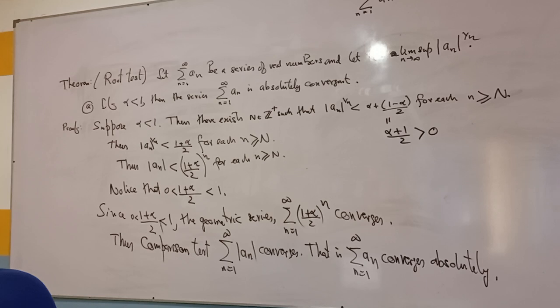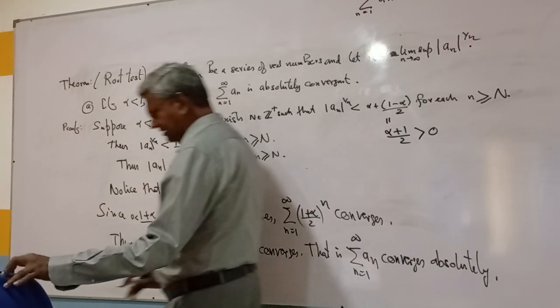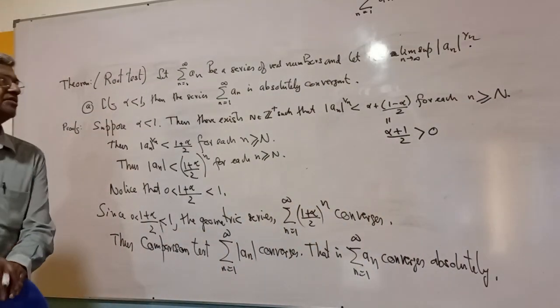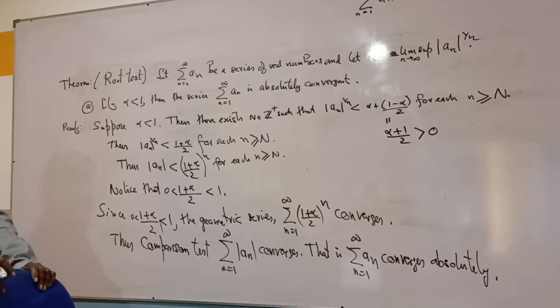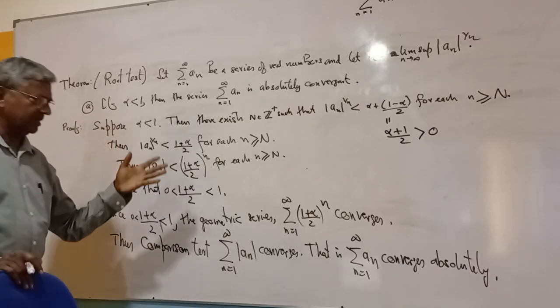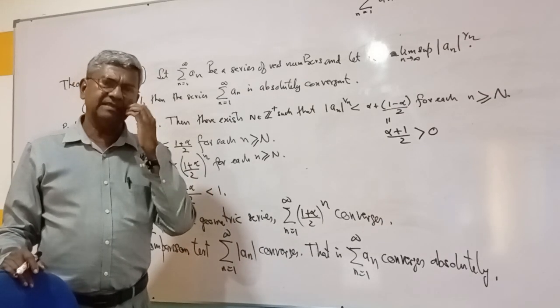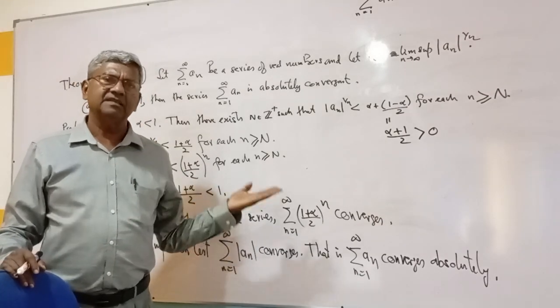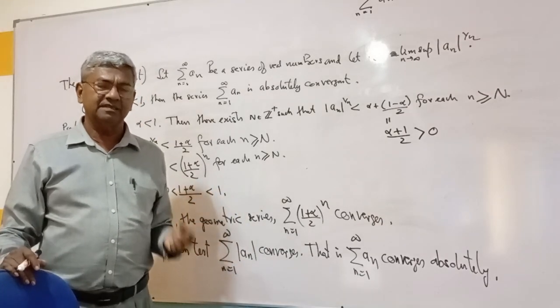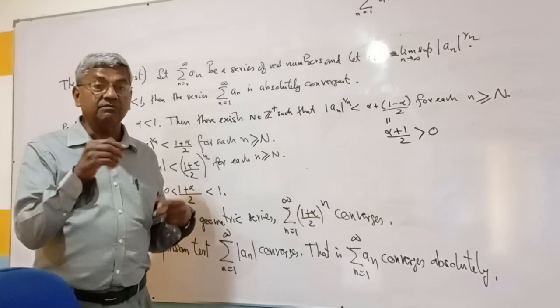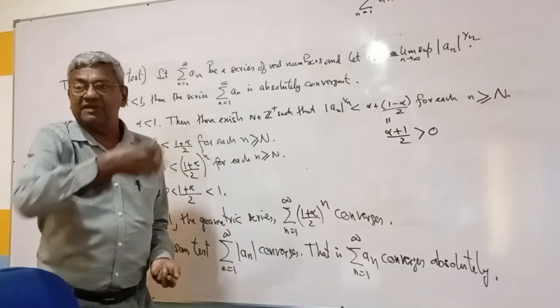Right? So this is very important. Now, if you want to apply the comparison test to another series to show that the given series is convergent, you need to come up with your b_n from somewhere in the world.